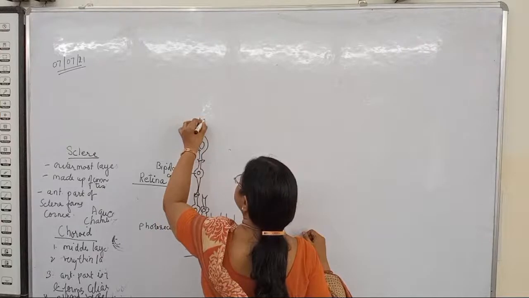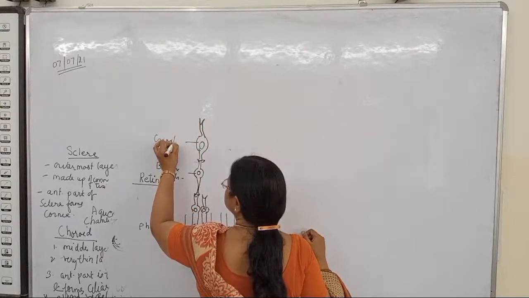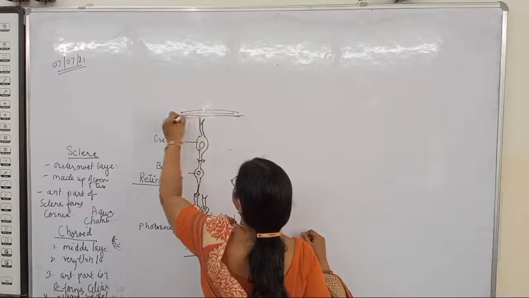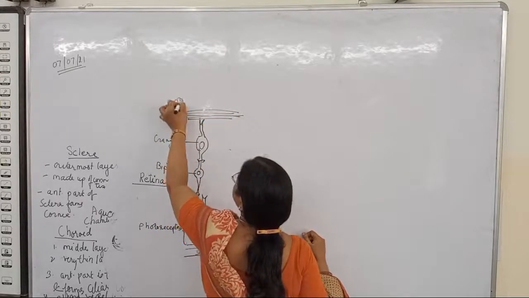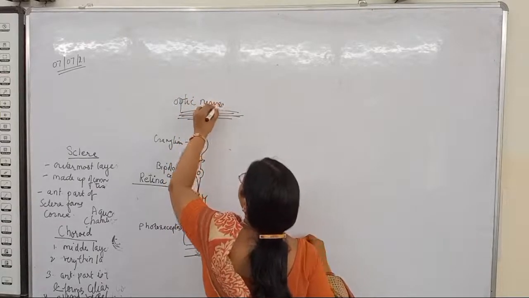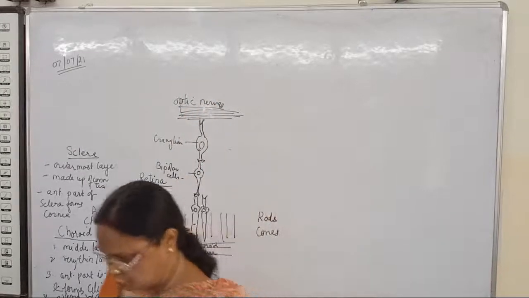These are the ganglion cells, and then they connect to the optic nerve.